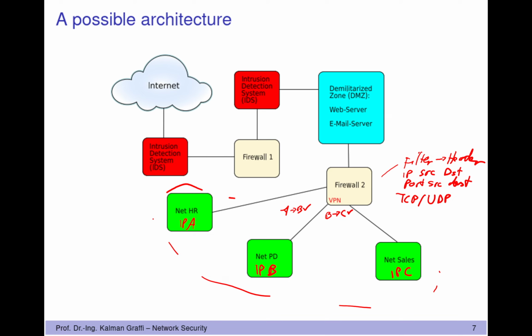Then this is the first filter. For example, if this is IP range I, then I to A should not be allowed. So the internet should not be able to send messages to A. We will see how we deal with the replies. And also not to C and also not to B.